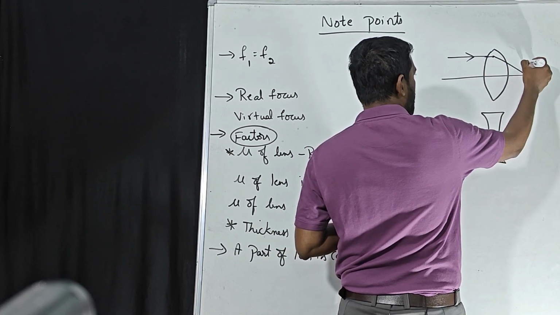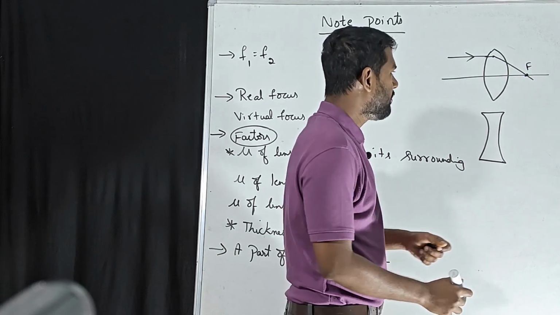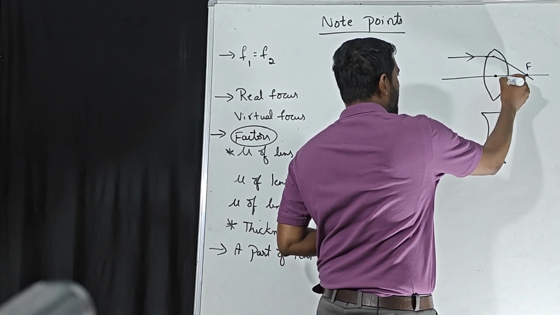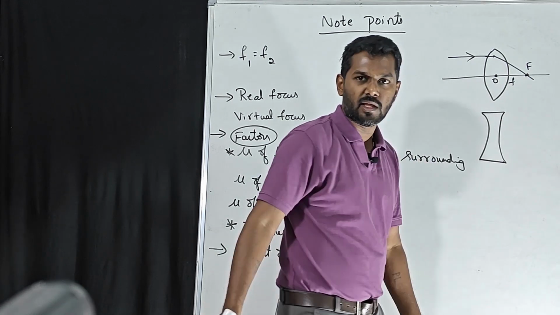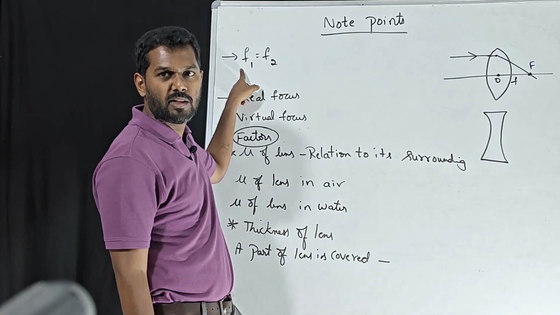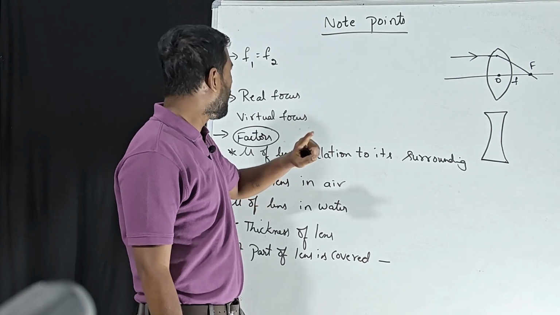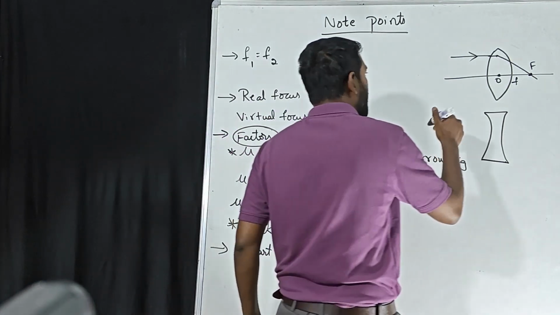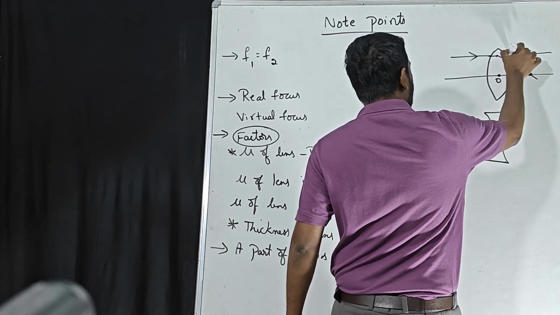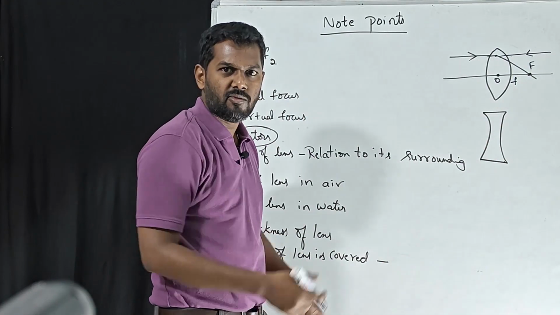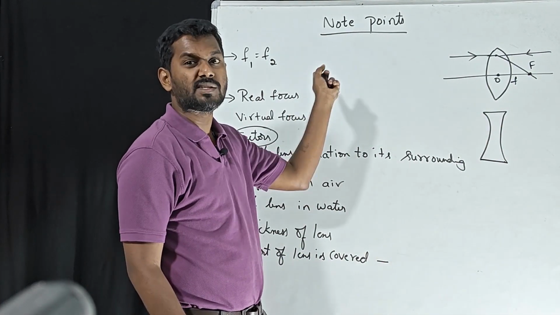This is the focus, correct? From the focus to the optic center is called the focal length, small f. So small f represents focal length 1 and focal length 2. What is focal length 2? What if a ray is incident from this way? It is also possible, right? Because on both sides we have the same medium.